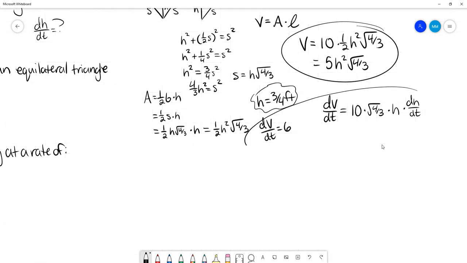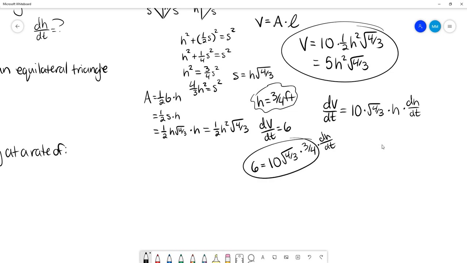Now, I want to set these equal because we know what dV/dt is. So it's going to be 6, right? Because I'm plugging that in. Equals 10 times the square root of 4/3, times, remember H is 3/4 at this point, times dh/dt, which stays unknown because that's what we're looking for.